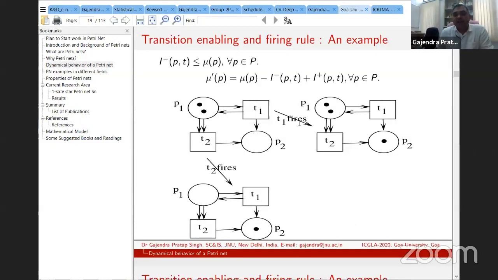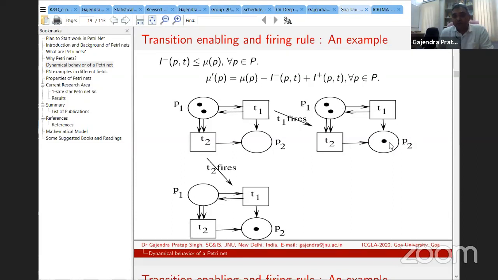After firing, when transition T1 fires, the new state of the system is 2, 1. The number of tokens in place P1 by this rule: initially it is 2, minus the arc from P1 to T1, which is 1, plus the arc from T1 to P1, which is 1. 2 minus 1 plus 1 is 2, so the token count remains the same.